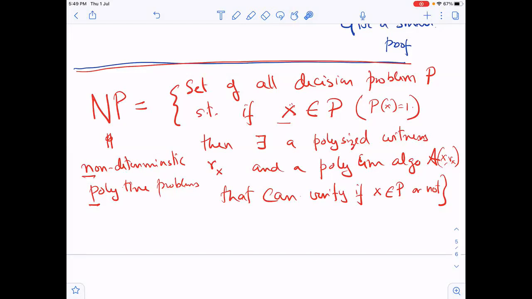If you're comfortable with the Turing machine world, P is the set of all languages for which there is a deterministic polynomial time algorithm. And NP is the set of all languages for which there is a non-deterministic polynomial time algorithm. You're giving another definition of NP? Yes, and both these definitions are equivalent.